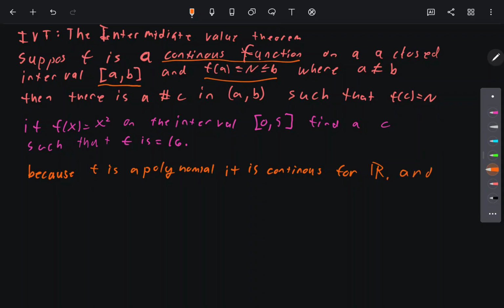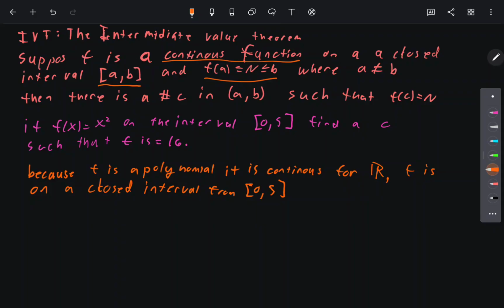And, comma, f is on a closed interval from a to b, or from 0 to 5, since we have to state that exactly.